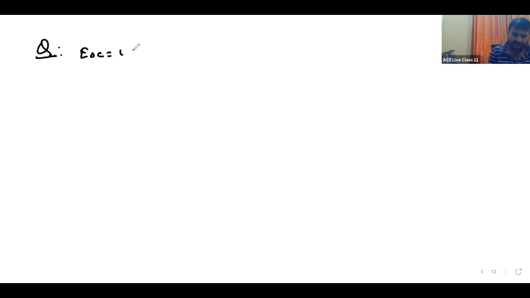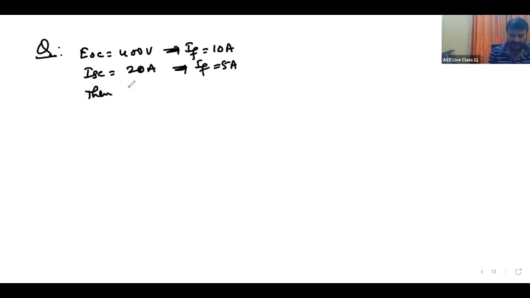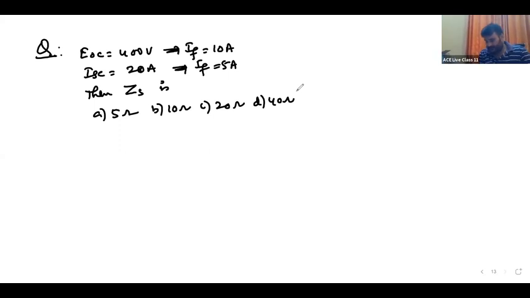EOC is equal to 400 volts at IF equal to 10 amperes, and ISC is equal to 20 amperes at IF equal to 5 amperes. Then ZS is: A, 5 ohms; B, 10 ohms; C, 20 ohms; D, 40 ohms. Tell me, what is the answer?